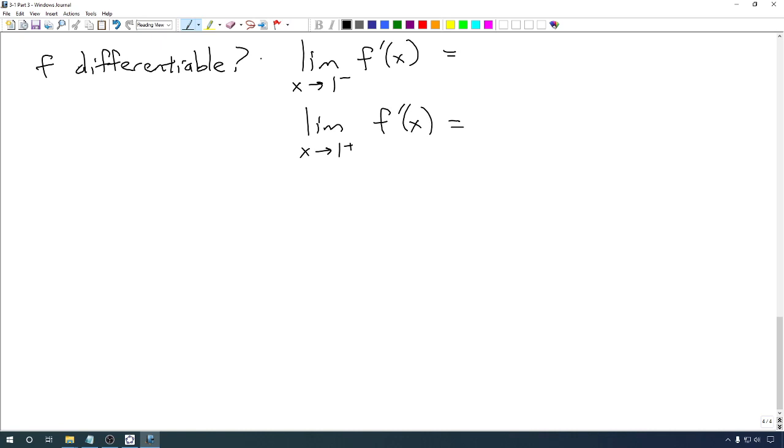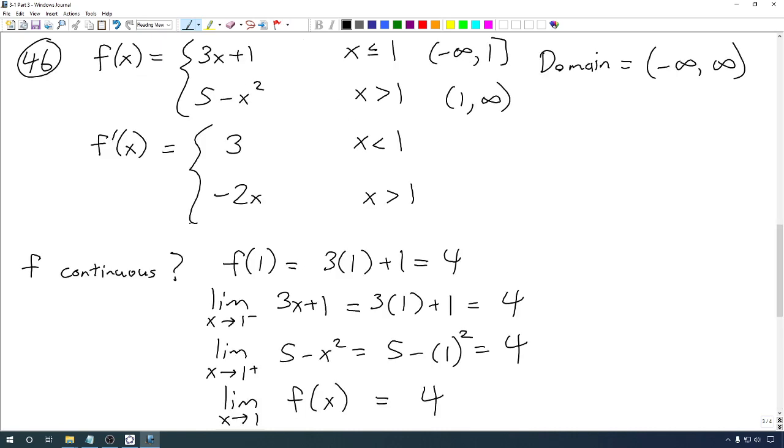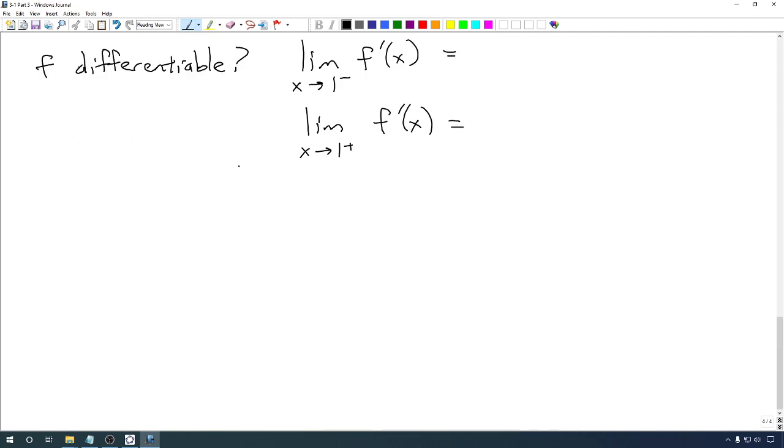Well, when x is going to 1 from the bottom, we're going to follow the formula for x is less than 1. We're going to put in a 3. The limit as x goes to 1 from the bottom of 3. Of course, that limit, because we're dealing with a constant, is just going to be a 3.